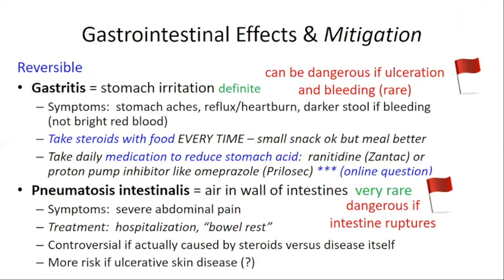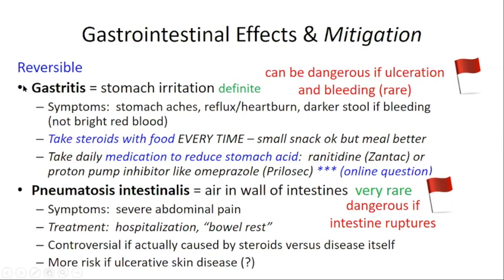There's various ones. Someone asked online if you have to take acid suppression medication or if you should just wait to see if patients have side effects from stomach irritation. I think most rheumatologists would agree that it's really important to go ahead and take acid suppression, because if you don't, the effects are going to build up over time and cause more problems. But not every rheumatologist feels the same way.